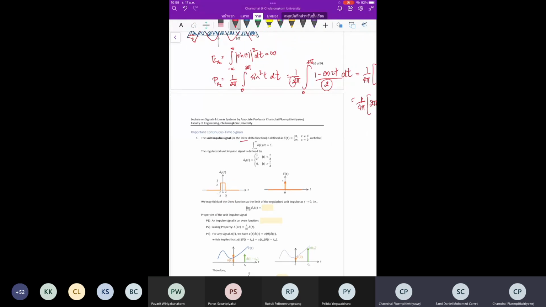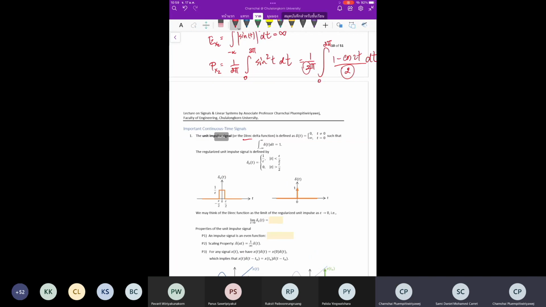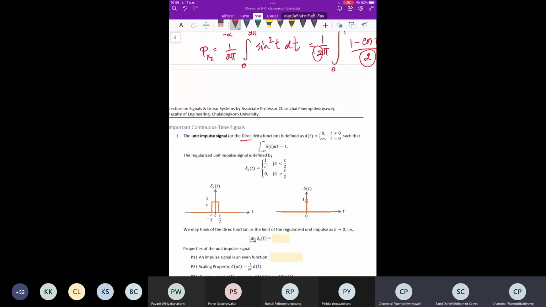A Dirac delta function is defined as 0 when t is non-zero and equal to infinity when t equals 0, such that the integral of delta(t) dt from negative infinity to infinity equals 1.